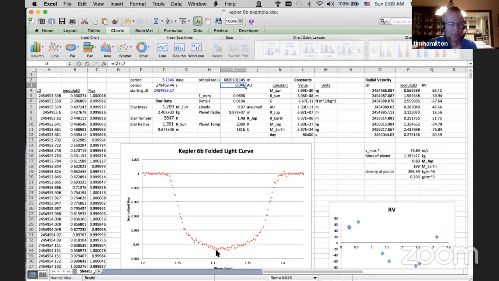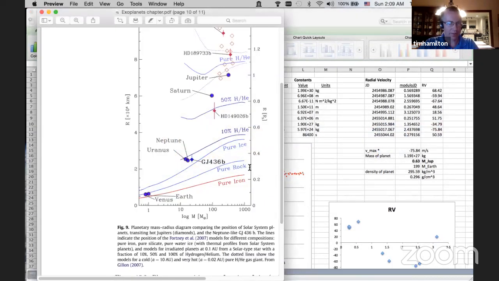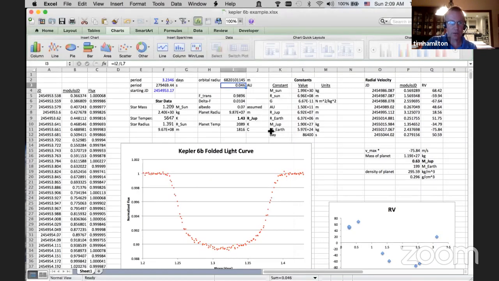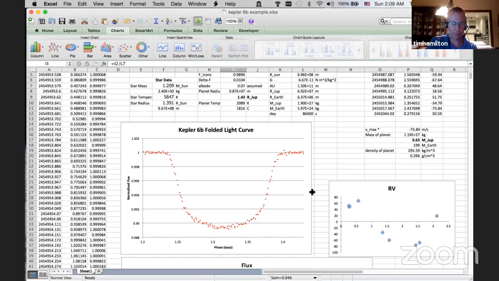And so the density could be thrown off by that. But still, we know it's going to be a gas giant. And we've been able to get a rough idea of composition, mass, temperature, density, radius, and period, all from a look at the Kepler data and ground-based radial velocity.